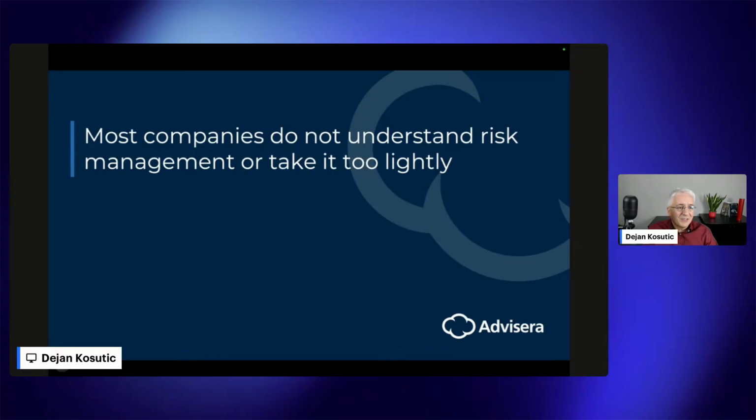And as you will see later on, risk management has to come before you actually start implementing security controls. The decisions that you make as part of this risk management are crucial, because they determine how you do everything else. So this is the problem, that most companies don't take this seriously, and then make mistakes later on.